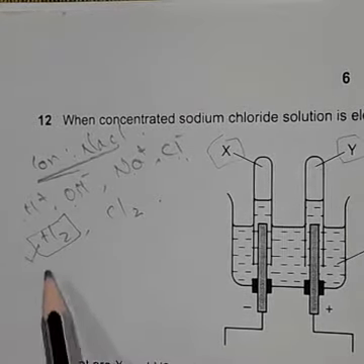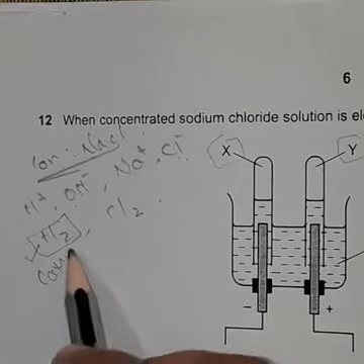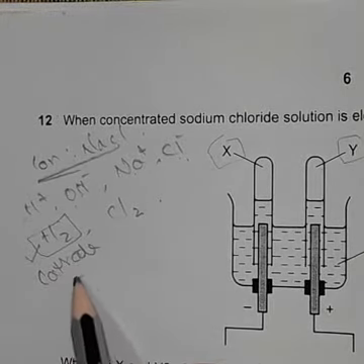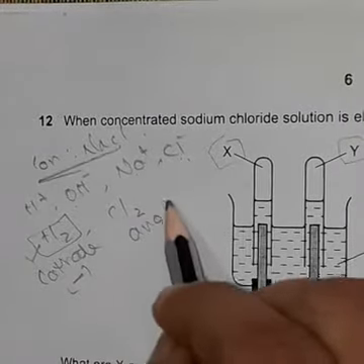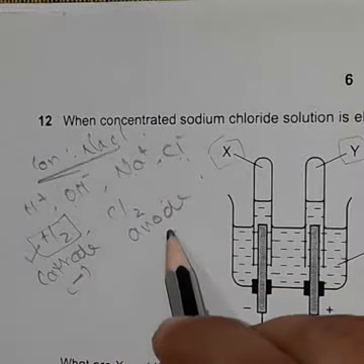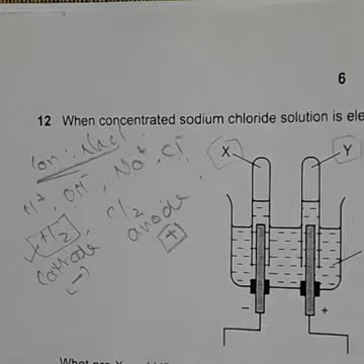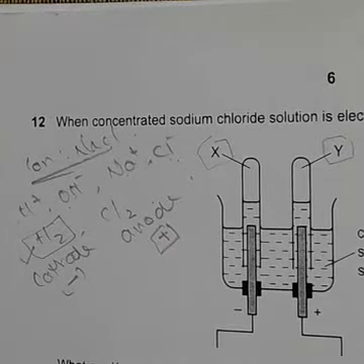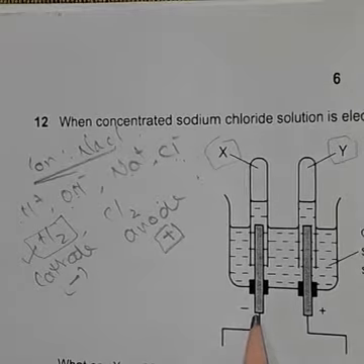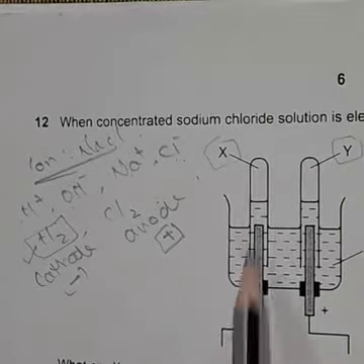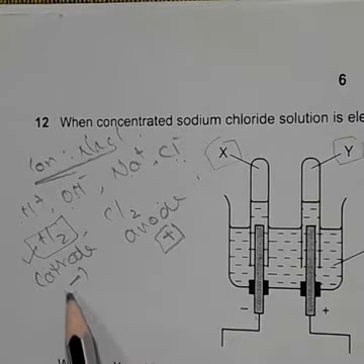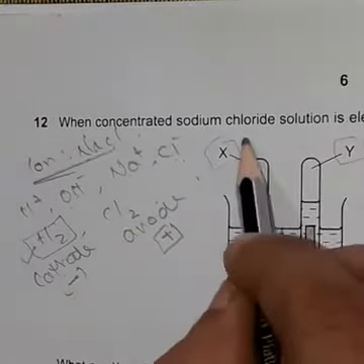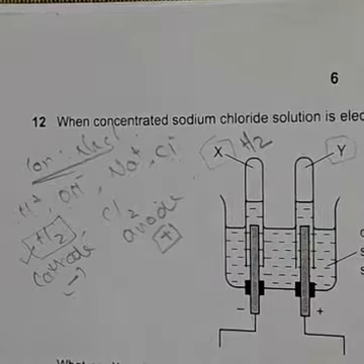So hydrogen is formed at the cathode. Cathode means negatively charged electrode. Chlorine is formed at the anode. Anode is the positively charged electrode. Clear? So look here, X is formed at the negatively charged electrode, which means the cathode, so it will be hydrogen gas.